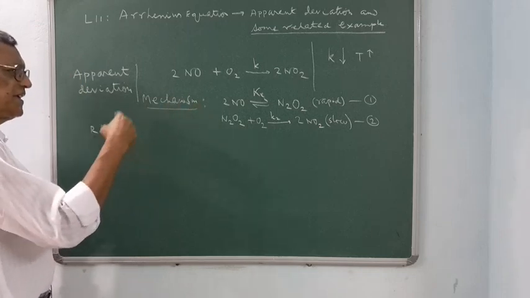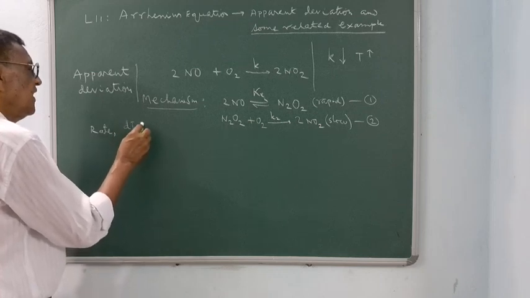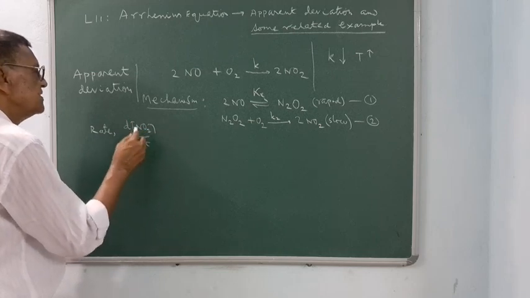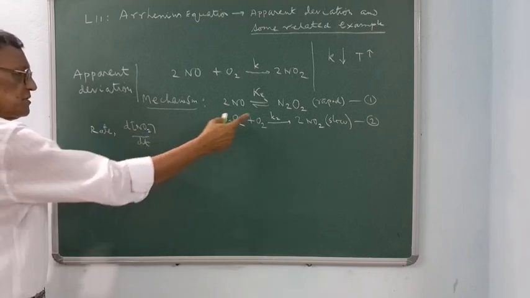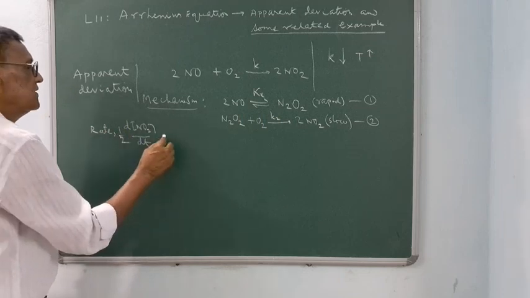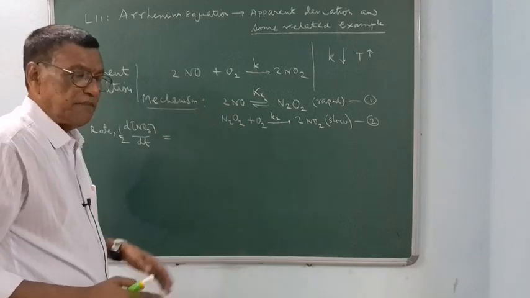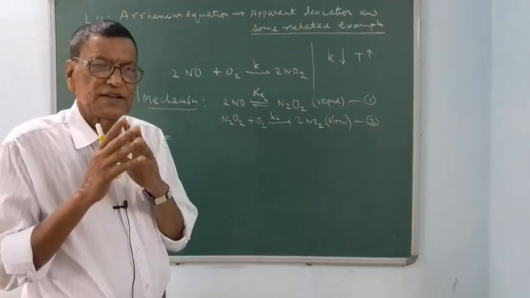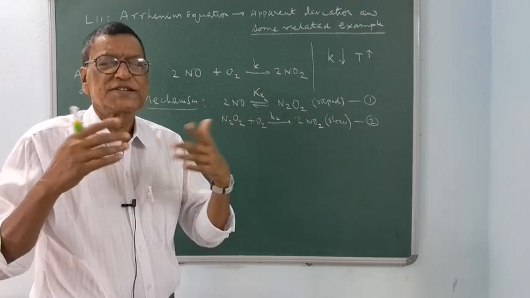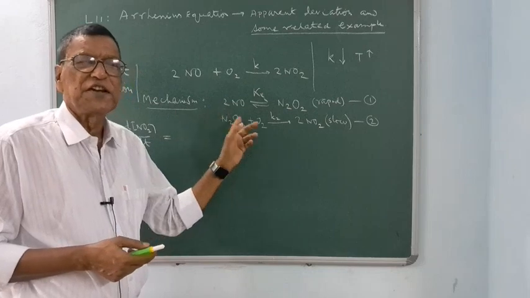So, the rate of this reaction we can write in terms of this product, half of d[NO2]/dt. It is the rate of this reaction in terms of this product. According to this mechanism, we can also formulate the expression of the rate using the suggested mechanism.